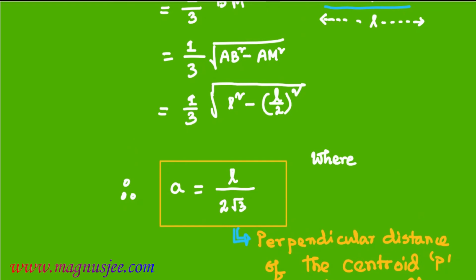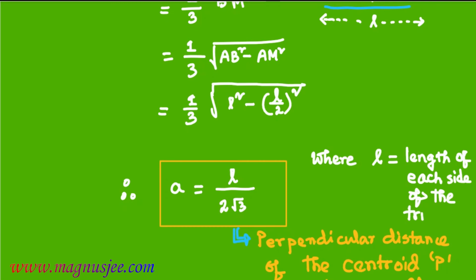Here A is the perpendicular distance of the centroid from the side, and L is the length of each side of the triangular coil.